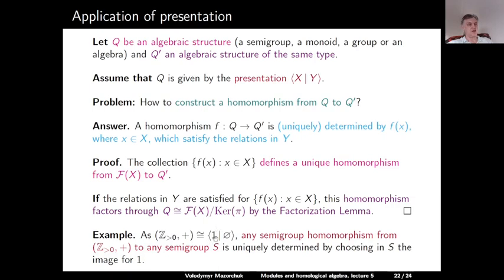It has one generator 1 and no relations. So this means that any semigroup homomorphism from this semigroup to any semigroup S is uniquely determined by choosing in the semigroup S the image for our generator 1. No relations. So this is how in practice we use generators and relations.